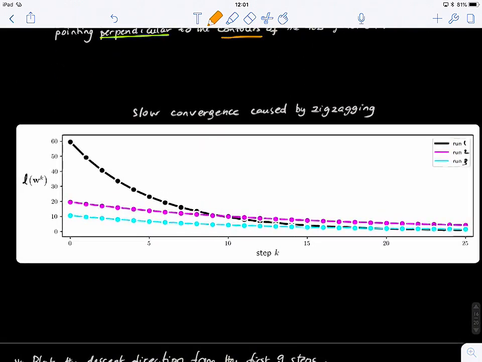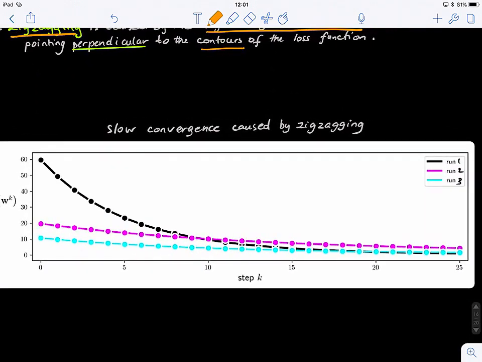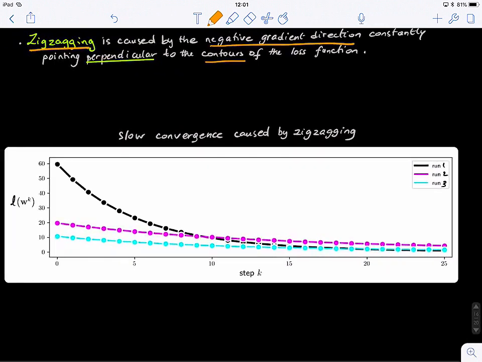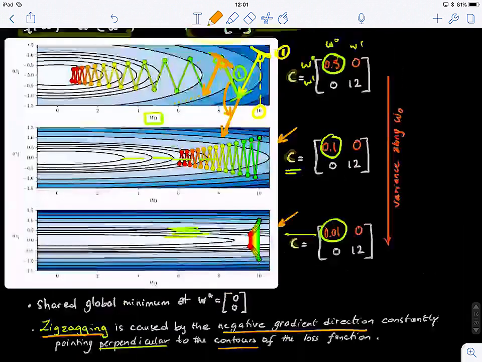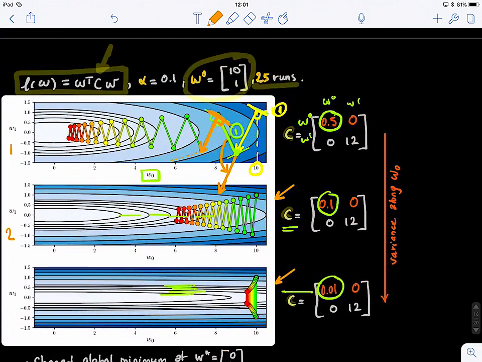And if we plot right here the loss function, remember, guys, we want to minimize this, right? We plot the loss function for different W_k from our starting point. So this is our starting point right here. And we're having different losses, so loss 1, 2 and 3.